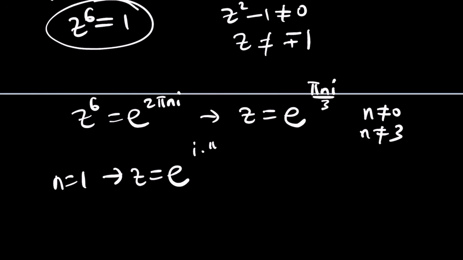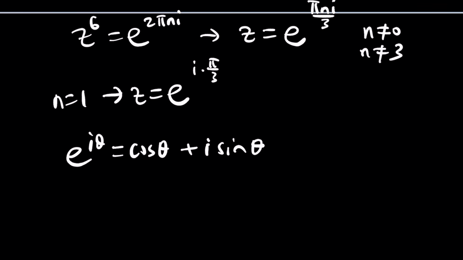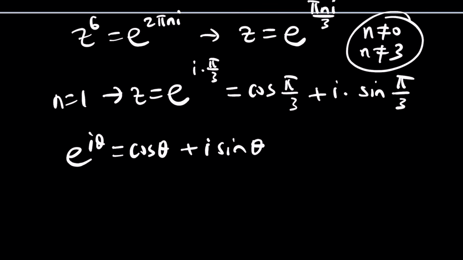And you should know that from Euler's formula, because Euler is the best, e to the i theta is cosine theta plus i sine theta. And I go over these things in the lecture videos, by the way. Make sure to check it out. This is cosine pi over 3 plus i times sine pi over 3. I'm not going to show you all the solutions because that's going to be a lot, but you can do this for yourselves. As long as n does not equal those values, it can be 1, 2, 4, and 5.